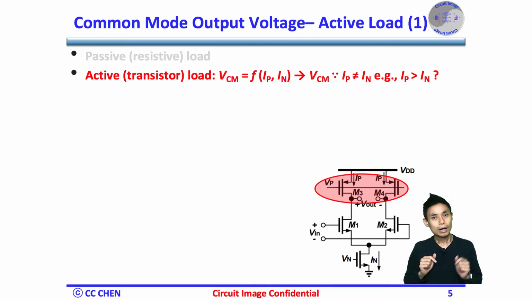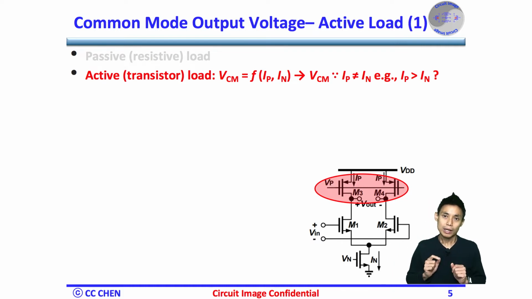Therefore, the output common mode voltage will vary, since it's hard to match the source current IP and the sink current IN at the bottom. If IP is greater than IN from the DC biasing, the KCL loop will balance the current IP to be the same as IN by increasing the output common mode voltage.